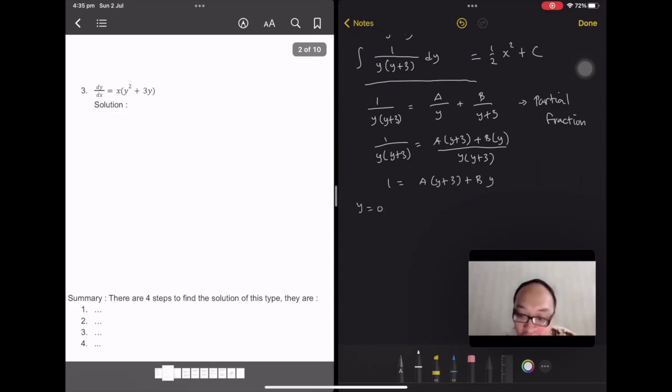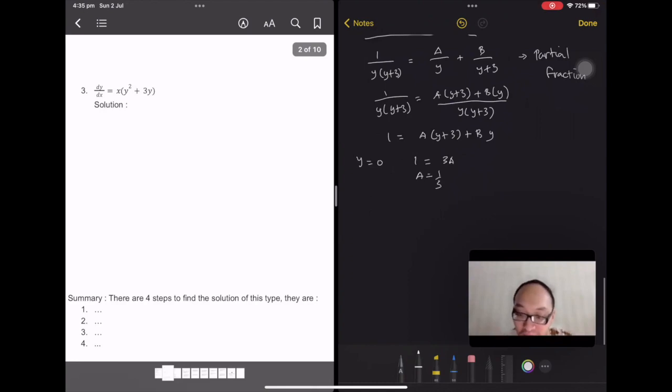If y equals 0, 1 equals 3a, so a equals 1 over 3. If y equals negative 3, 1 equals 0 minus 3b, so b equals negative 1 over 3.